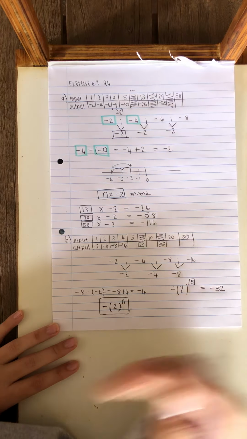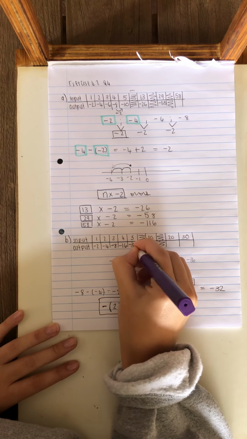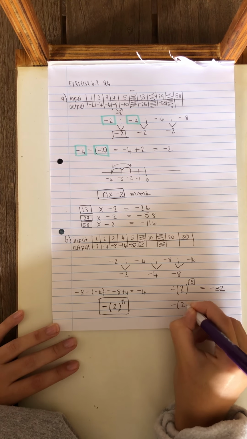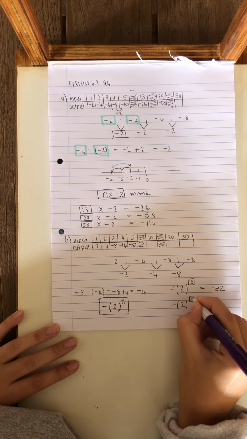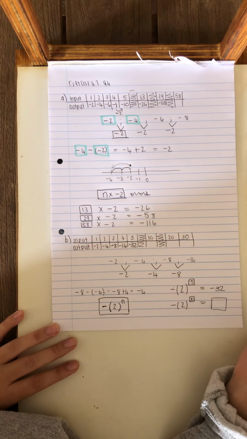I don't have a calculator with me, so I'm not entirely sure. And you would do the same for these ones. So if you've got -2 to the power of 10, then you would work out what your output is and you would put it into the table.